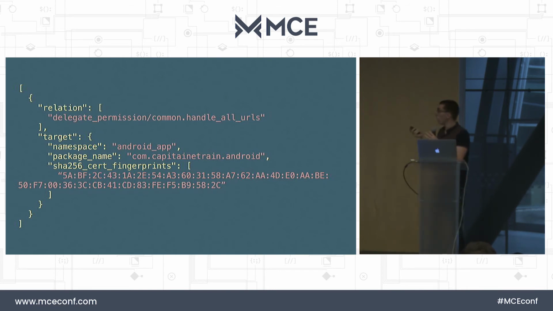So you can have several apps that target the same domain, but you can also have several apps that target a single domain or several domains. It's completely possible, and that's the case, for instance, in Trainline, because we have trainline.eu, trainline.de, trainline.fr. They all point to the same application.